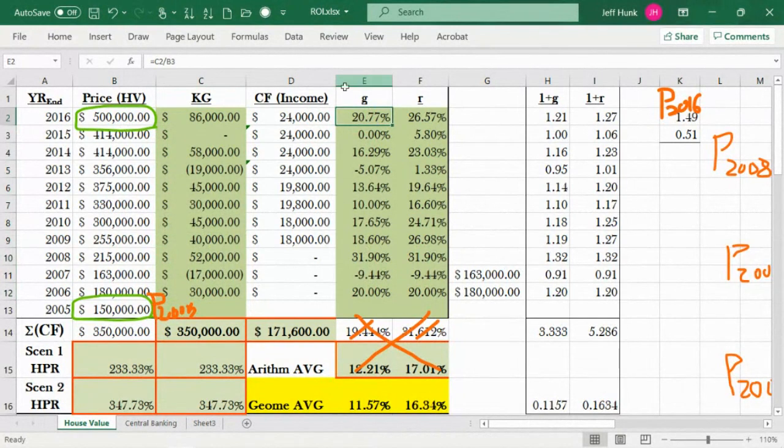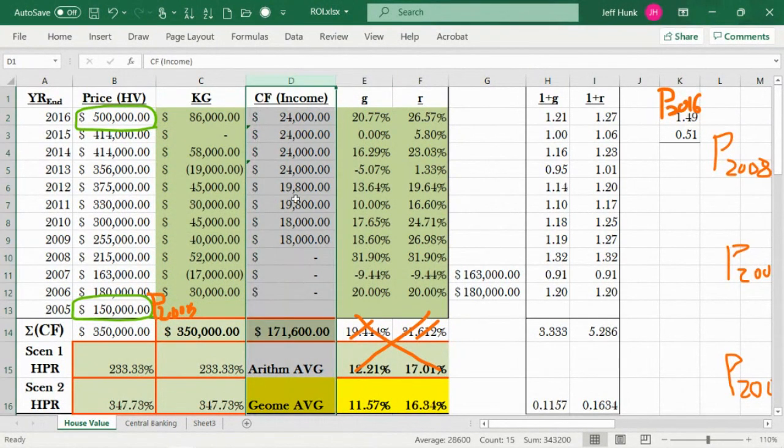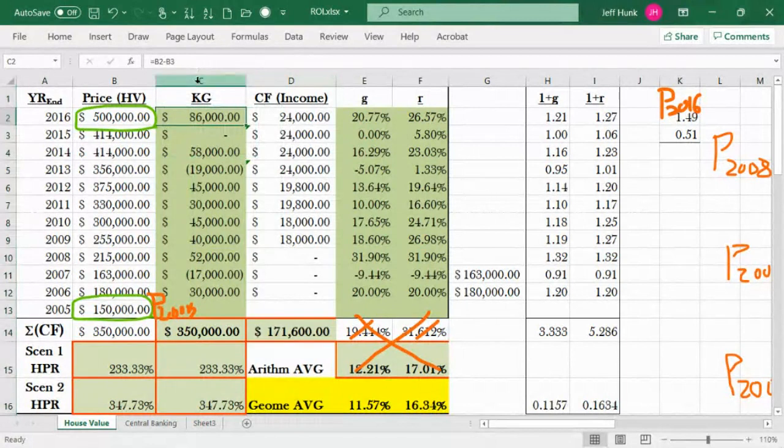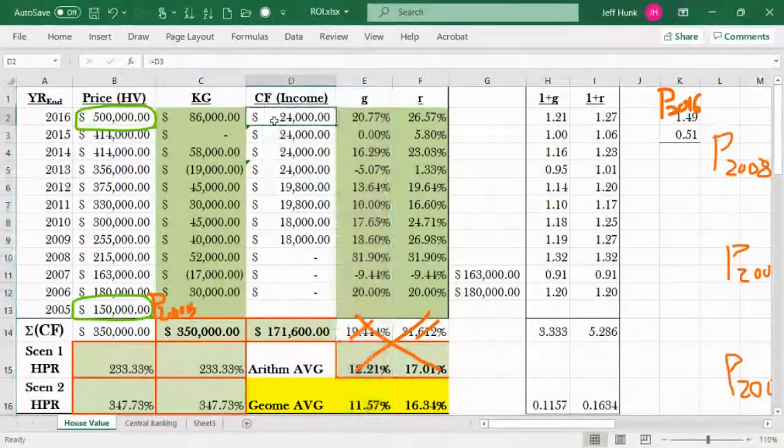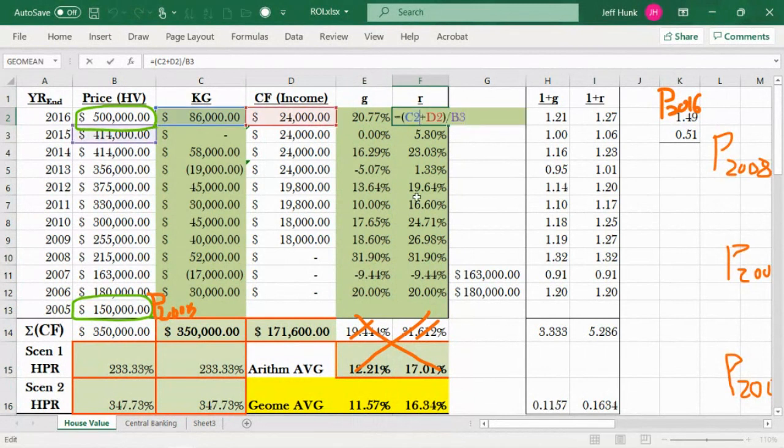But as I said in scenario 2, the return cannot be simply the growth rate of the house value, because you had rental income. So including the rental income, annually the returns were like this.